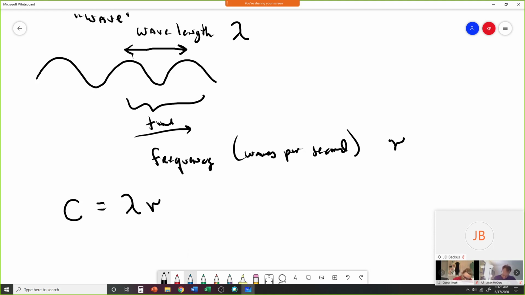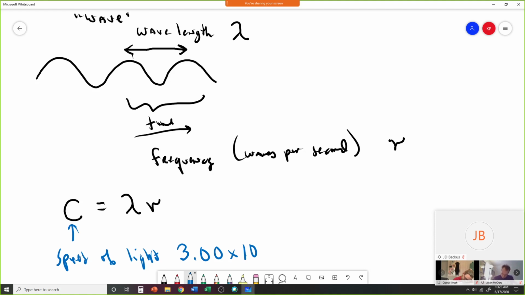Okay, and I'm going to change colors here because I like doing different colors. And this is the speed of light. And the speed of light is 3.00 times 10 to the, I always have to look it up. You know, everything is look-upable.